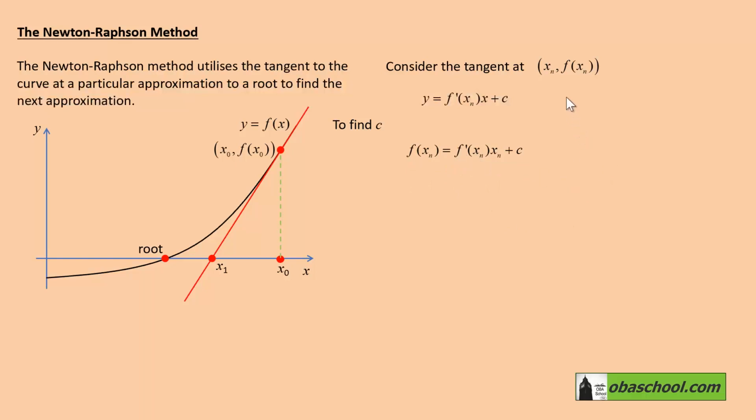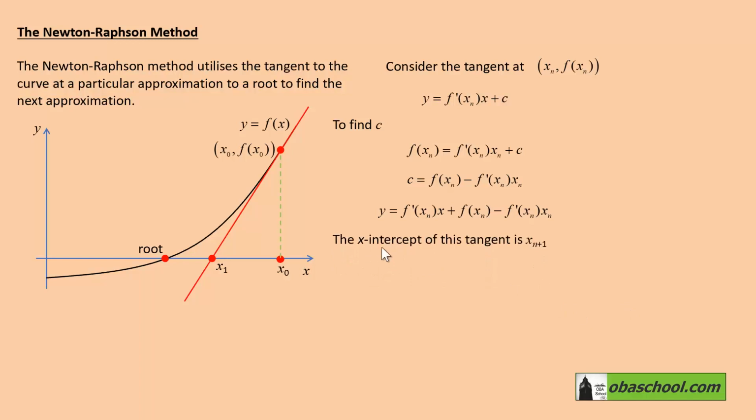So we've just substituted in xn and f of xn as y and x. So c is going to be f of xn, take away f dashed xn, xn. And so our tangent is y is f dashed xn x plus, and that's the constant there, f of xn, take away f dashed xn, xn.